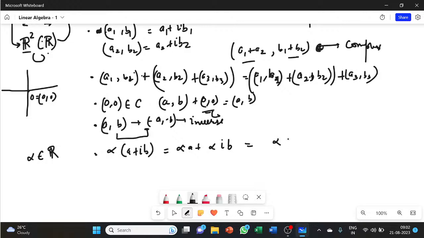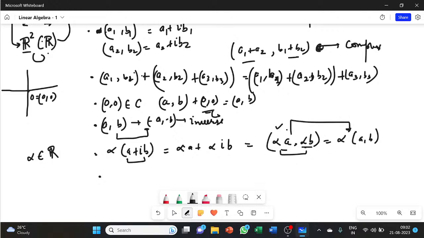It implies alpha a comma alpha b, or I can write it as alpha times a comma b. Scalar multiplication is closed because alpha a is also real, alpha b is also real. So this is a complex number, isn't it?